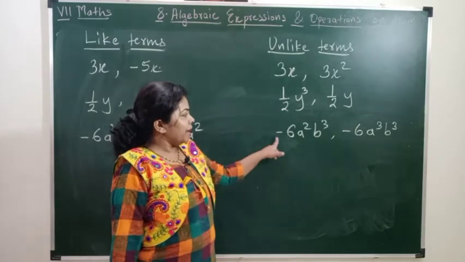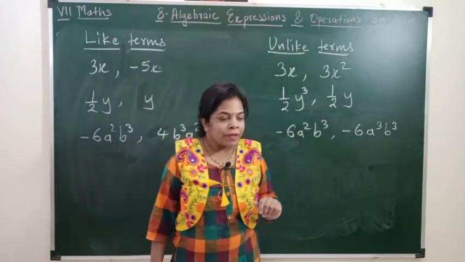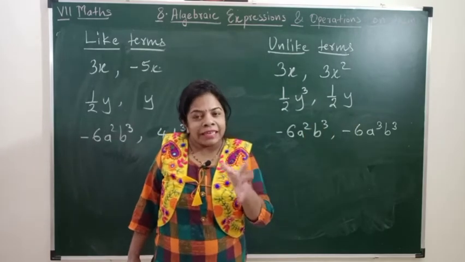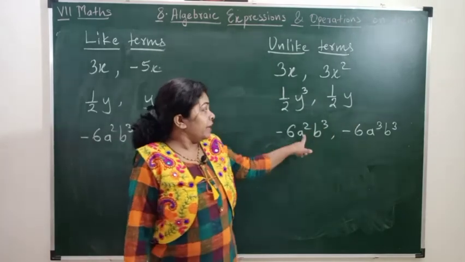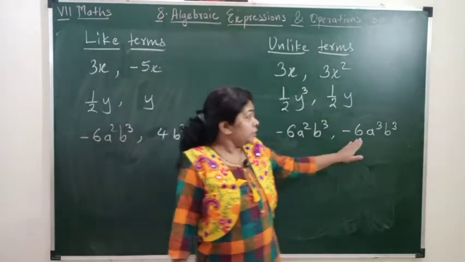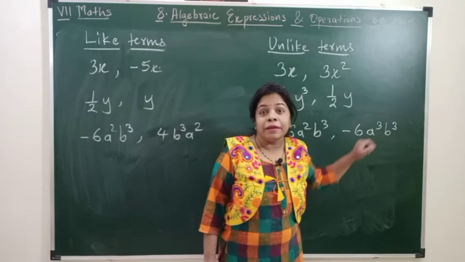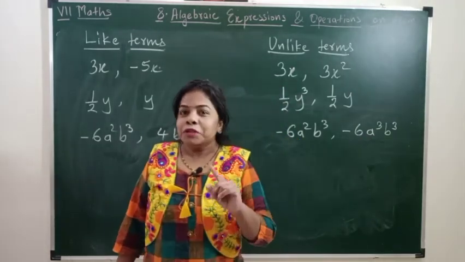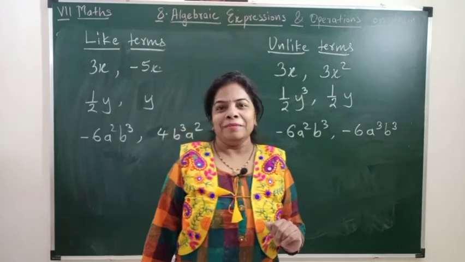Last example, minus 6a square b cube and minus 6a cube b cube. Now see children, little bit of confusion. Here there are 2 a terms and 3 b terms. But here 3 a terms and 3 b terms. Number of a and b terms are not same. So they are unlike terms.